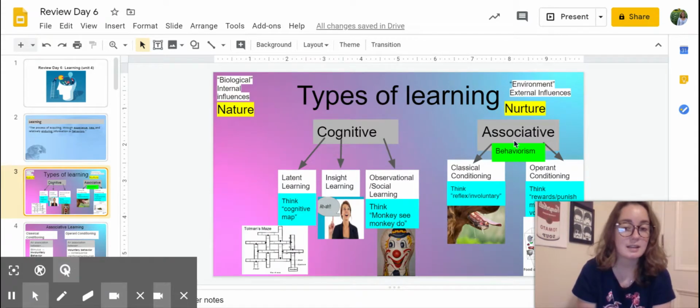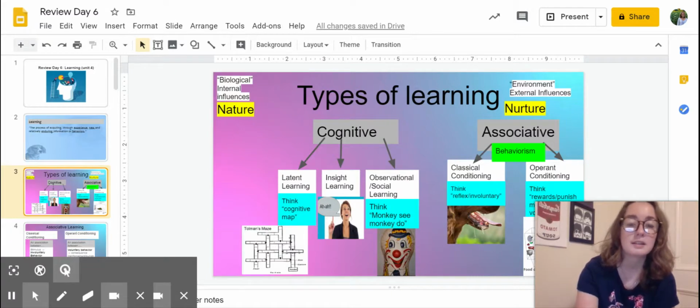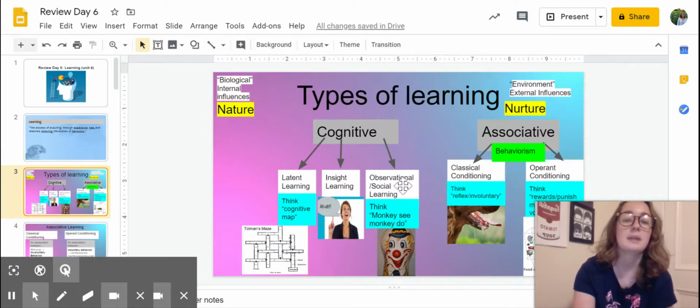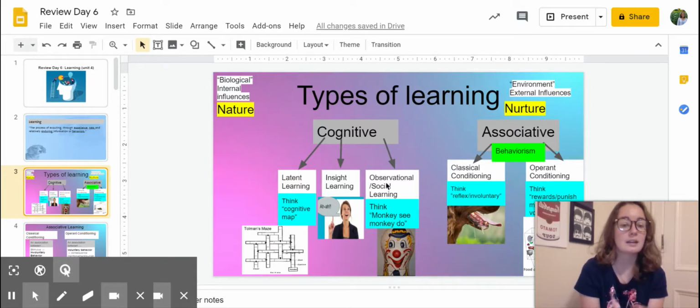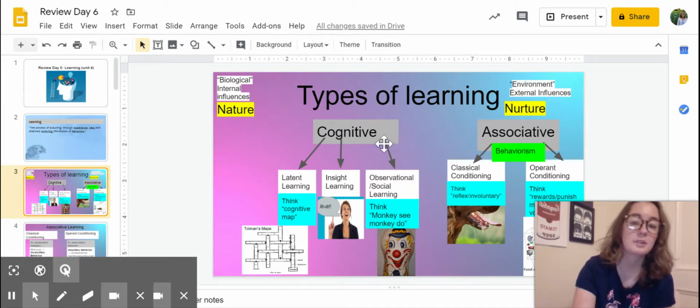And that's not to say that cognitive is way over in the nature, because observational social learning is something that has a lot of social influence, but it also has the cognitive component of thinking that kind of puts it to the further right of the cognitive perspective.